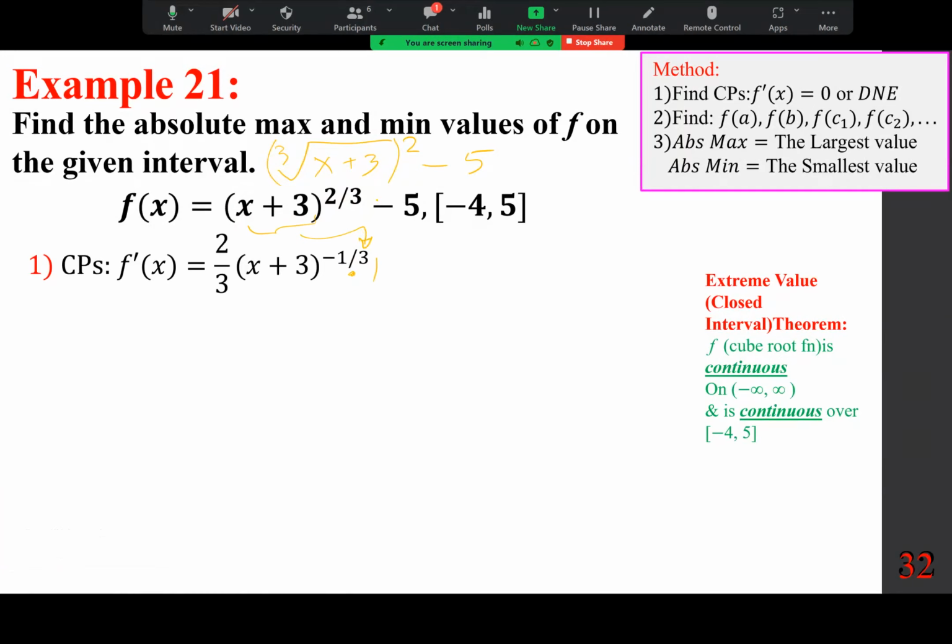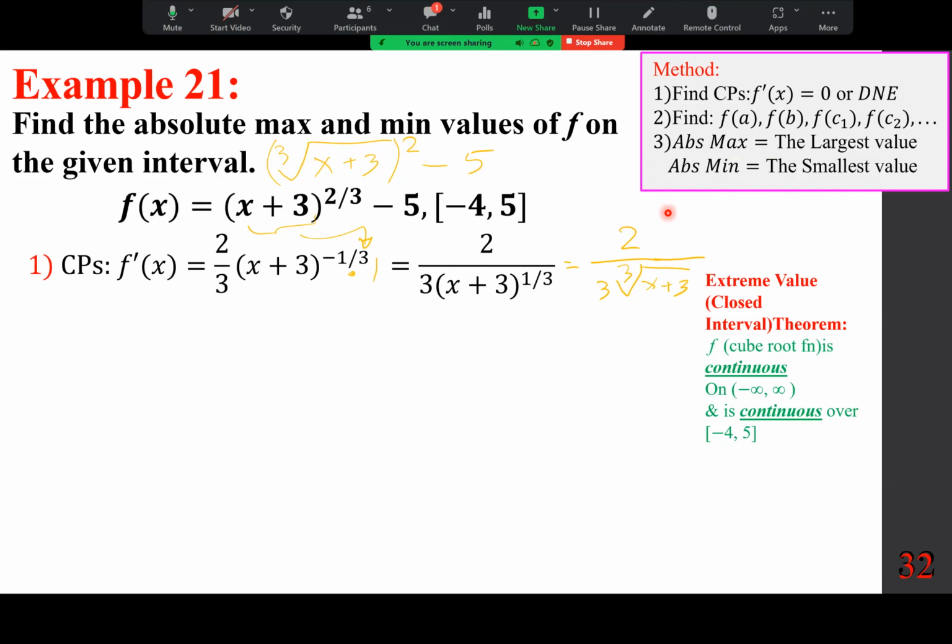And you rewrite it as follows. Because -1/3 goes down, becomes positive, or you can write a cube root. Either way is fine. Or you can write this as 2/3 over the cube root of x plus 3. It's the same.